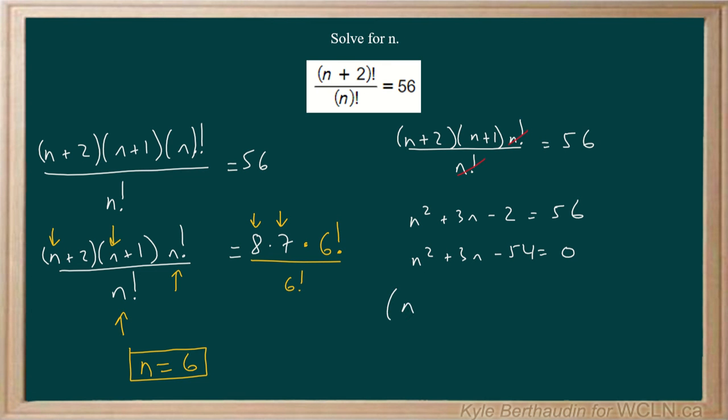So n plus 9 multiplied by n minus 6 equals 0. This means that n can be equal to negative 9 or positive 6, but we can't have negative options to choose from, so n is equal to 6.